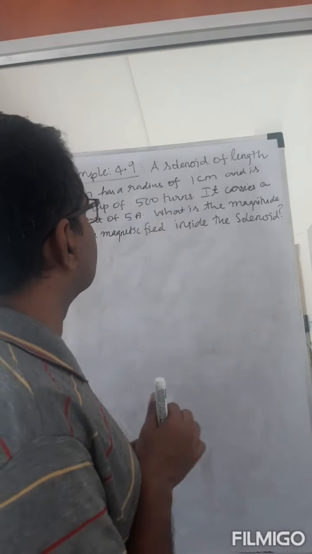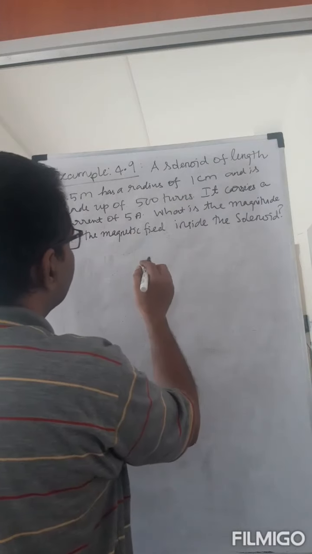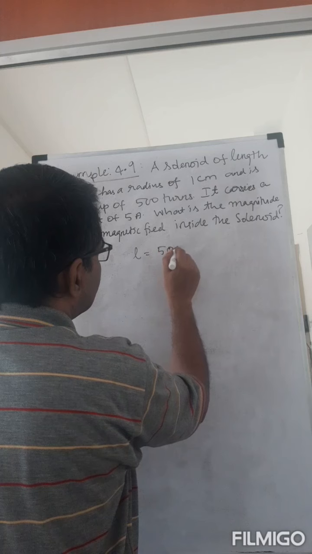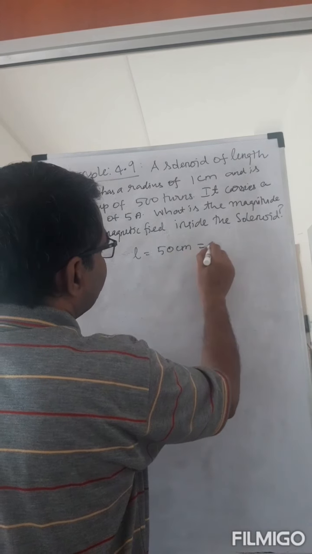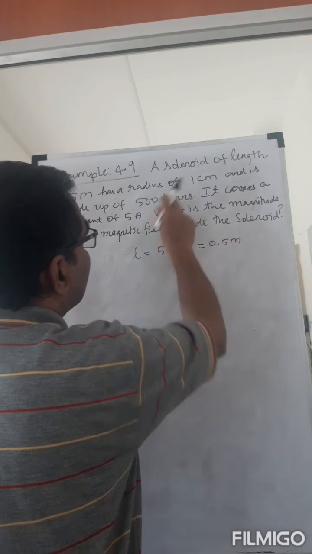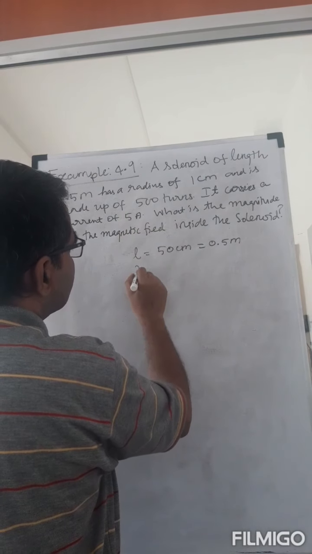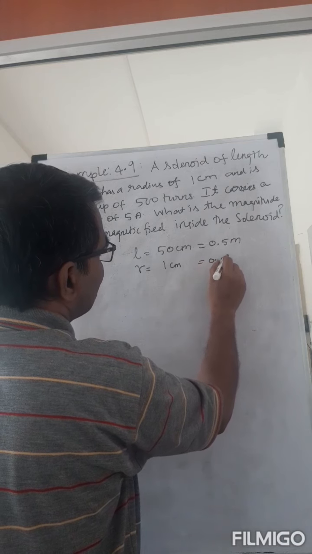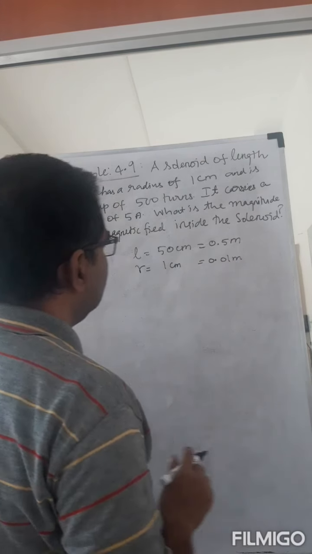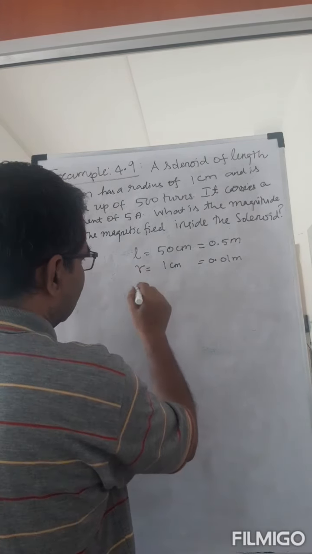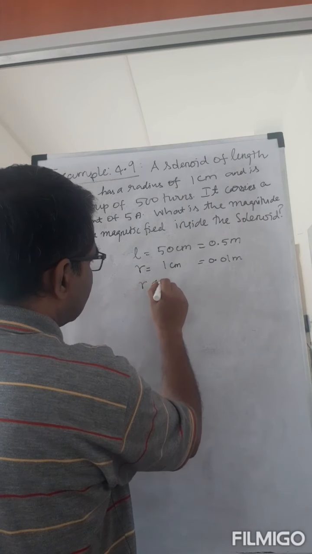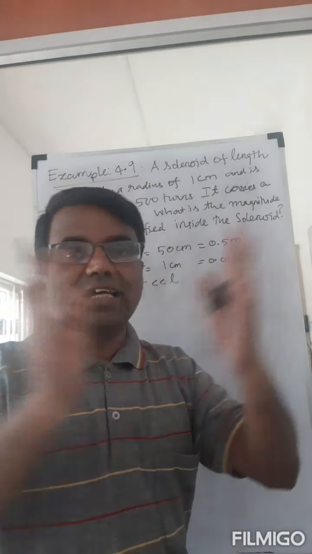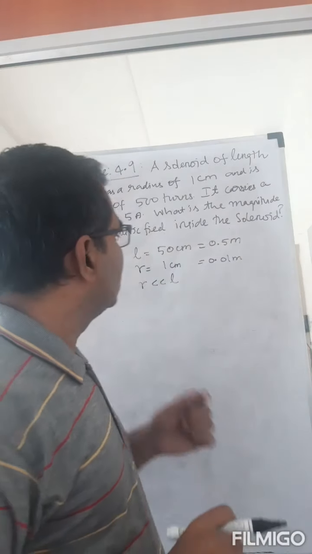We can see that the length of the solenoid is 50 centimeters or 0.5 meters, and the radius is 1 centimeter or 0.01 meter. So you can see that the radius is much less than the length.